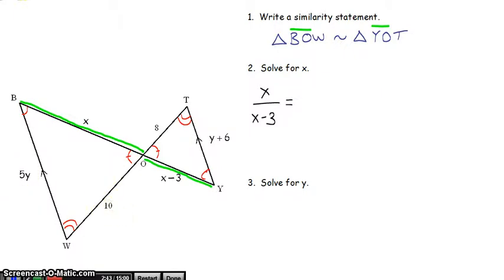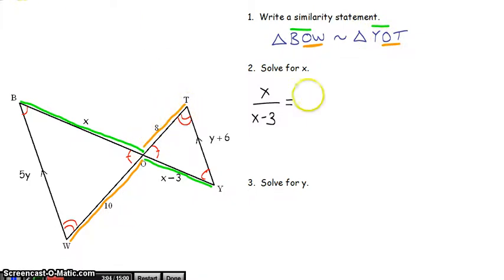So I'm going to go and look at the one with my number, in this case 10. 10 is segment WO. WO is going to be proportional with TO, and that's this side here.